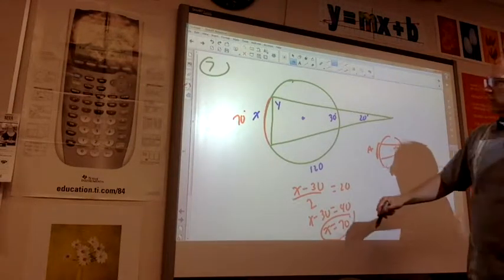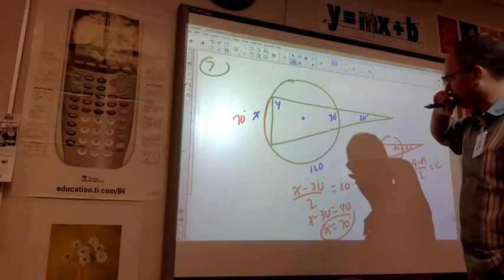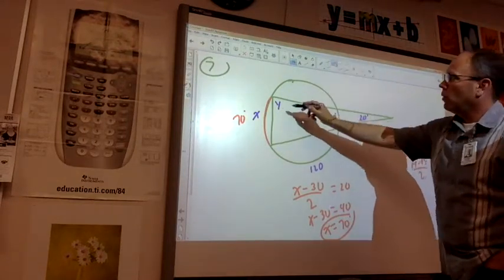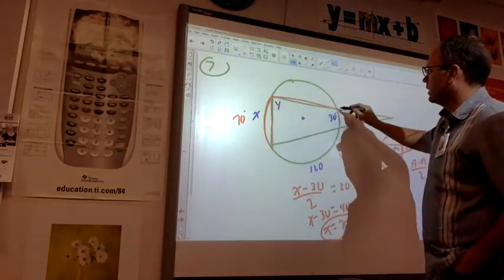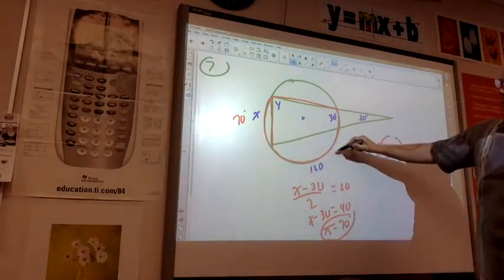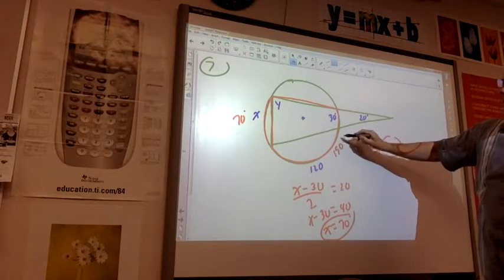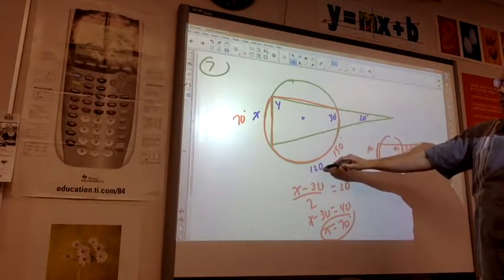All right. And then y is open to right here. So how big is this whole angle here? Y is 60. It's 150, isn't it? Because 30 and 120.